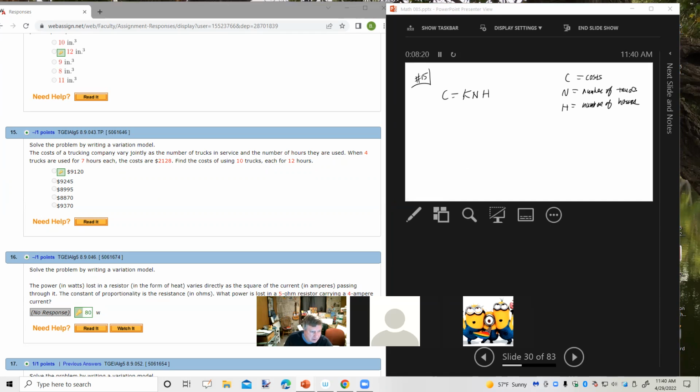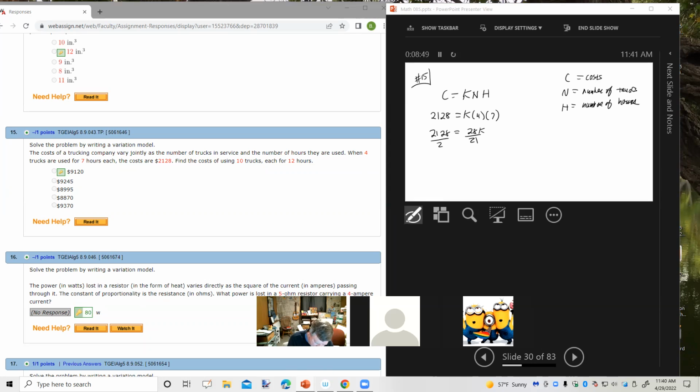Yes. Okay, let's see. When 4 trucks are used for 7 hours each, the cost is $2,128. I read that backwards. K times N, which is 4 trucks, number of hours, 7. So 2128 equals 28K, 4 times 7.